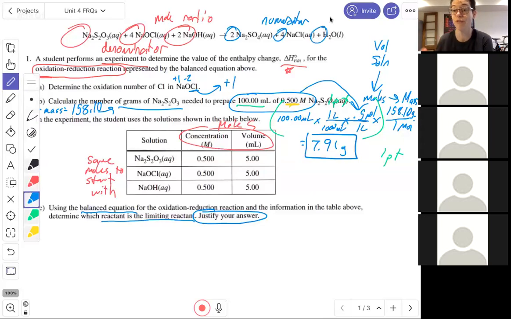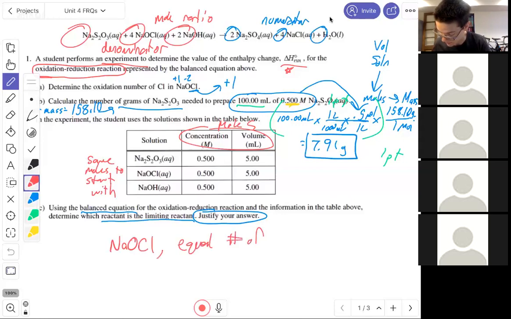So if you remember that the reactants are the denominators, who are you going to run out of first? The thing with the 1, the 2, or the 4? NaOCl. The 4, right? So the answer is the NaOCl.